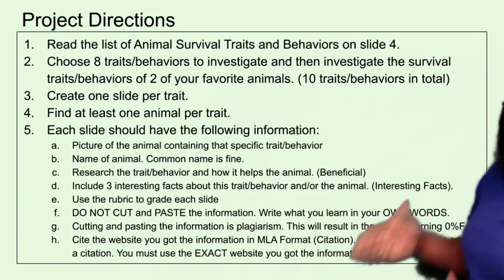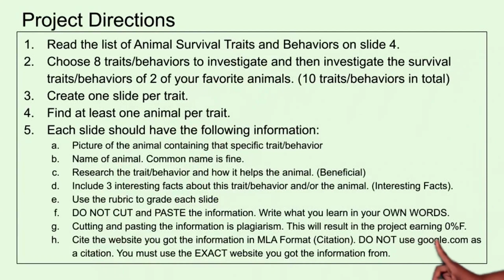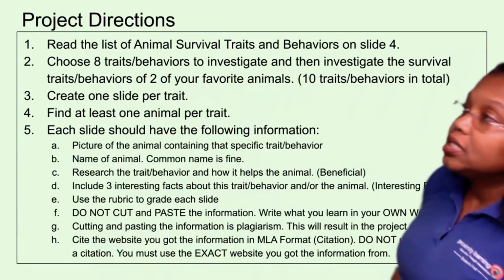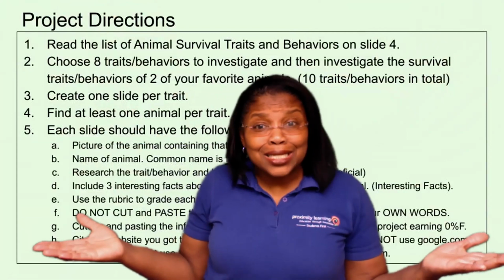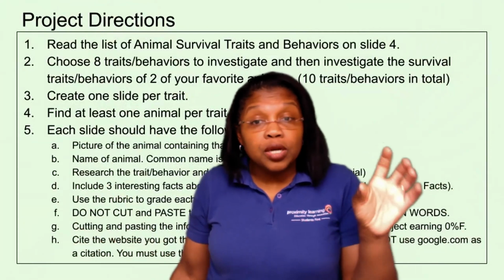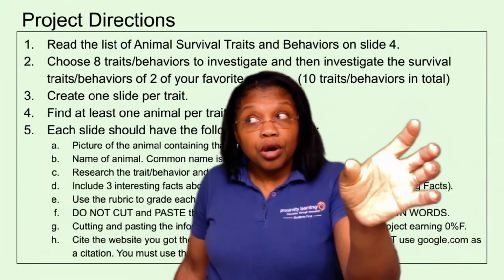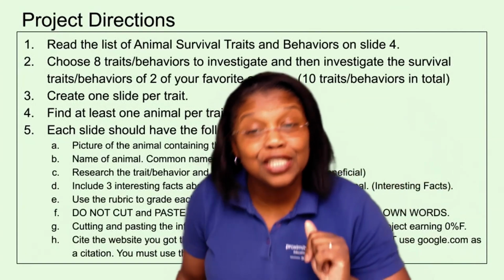Huge thing, guys. Do not, with a big do not, cite google.com, wikipedia.com, britannica.com. That's like giving me a book saying, oh, it's in here. What do you expect me to read the book? I'm not reading that book. You need to tell me where you got the information from.